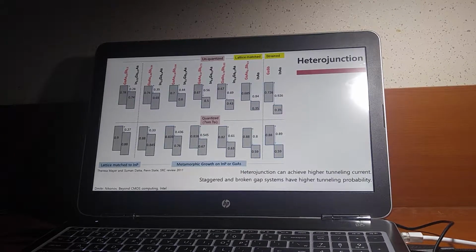For the next page, I'm gonna talk more about the heterojunction. The heterojunction has a more efficient operation concerning driving current boosting, because the band-to-band thickness is very thin for efficient tunneling.